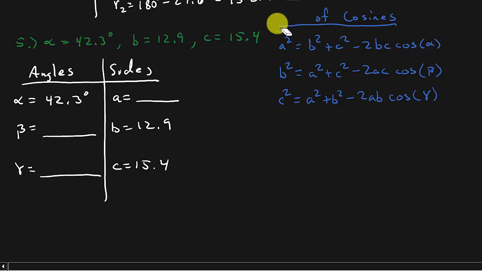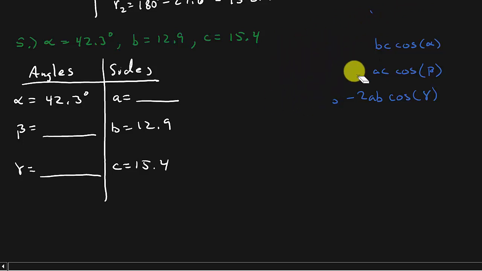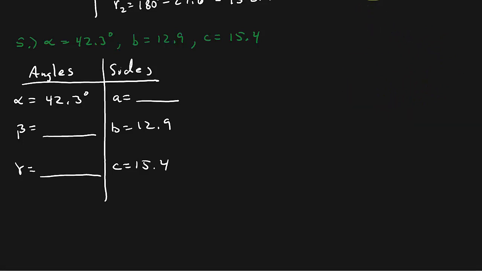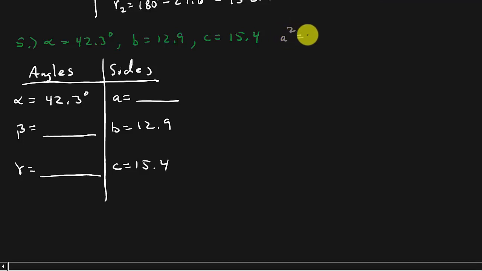So let's do that. What I'll do is write down the formula again. I'm just going to erase all these, give myself a little more room. All right, so I'm solving for A first. Remember, that's A squared is equal to B squared plus C squared minus 2BC times cosine of alpha.